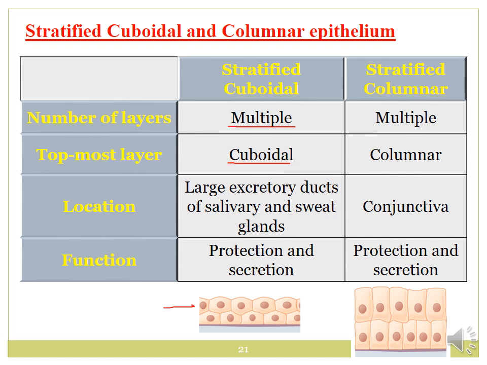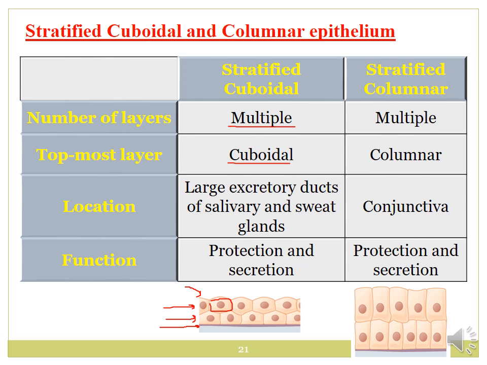Here we have one layer, and here we have another layer, and this is the basement membrane. Usually we have two layers, it could be more, but what's important is that the topmost layer is cuboidal. It is found in large excretory ducts of salivary and sweat glands, and the function is protection and secretion.